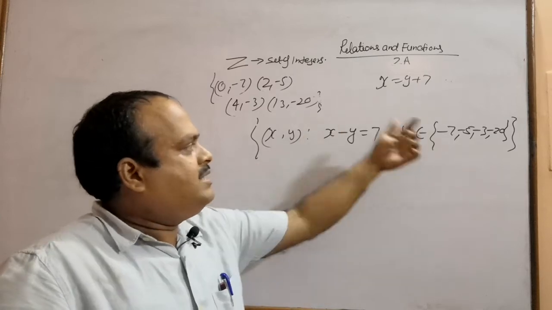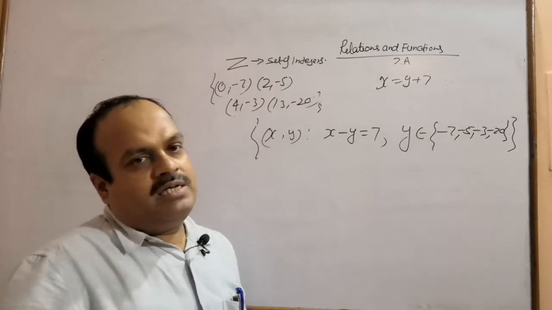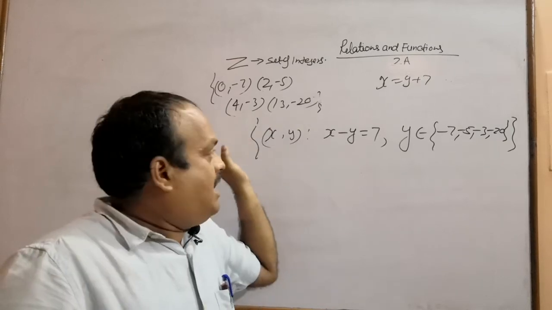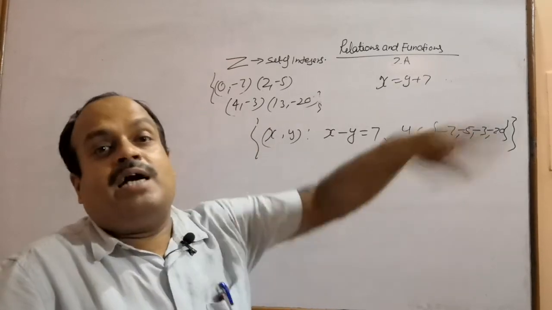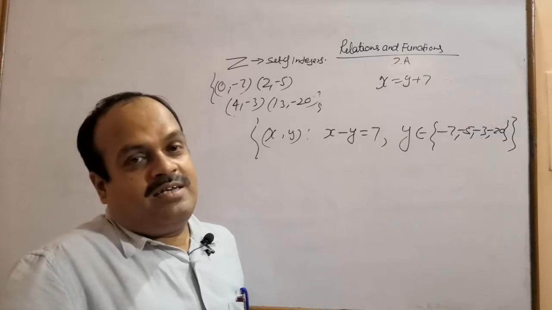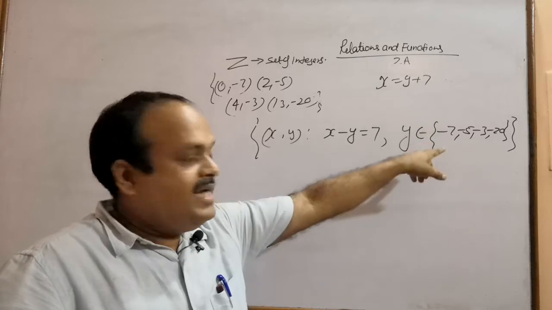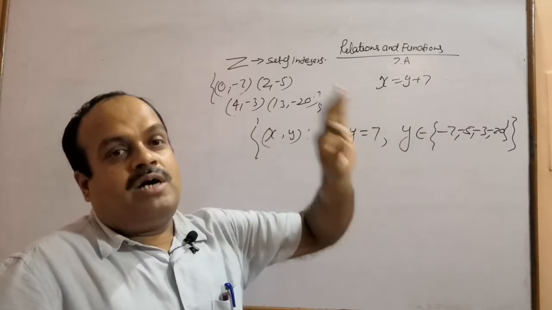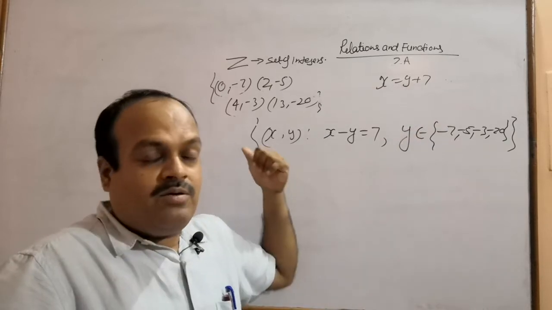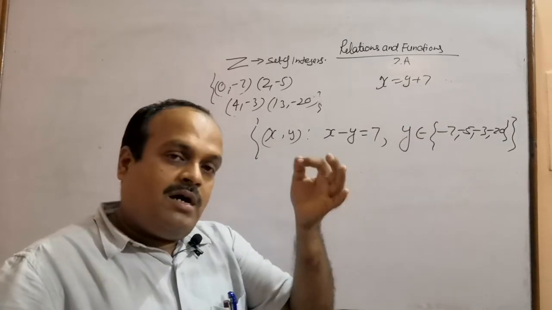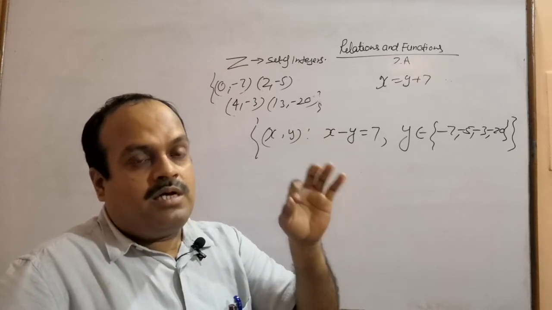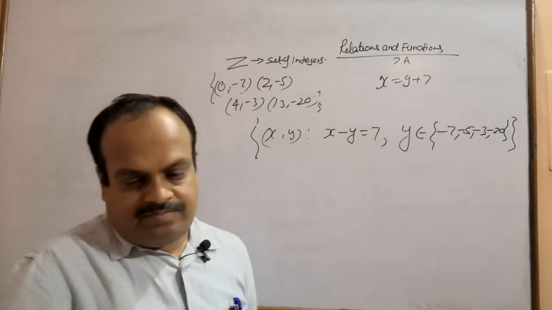So here if I don't mention the value of y or x, I'll get a relation with infinite elements. So that's why we need to write there the values of y or the values of x when we express a given relation or a set in set builder form.